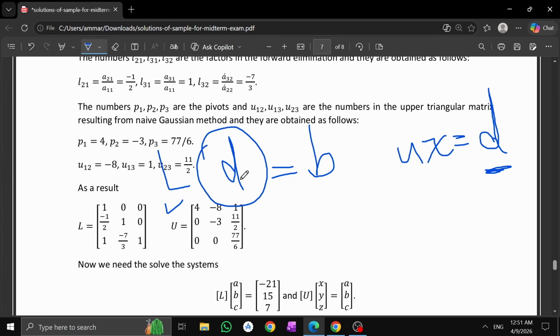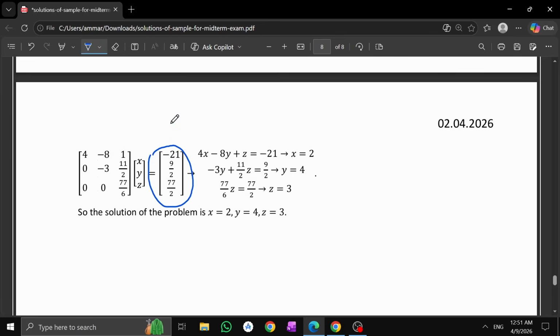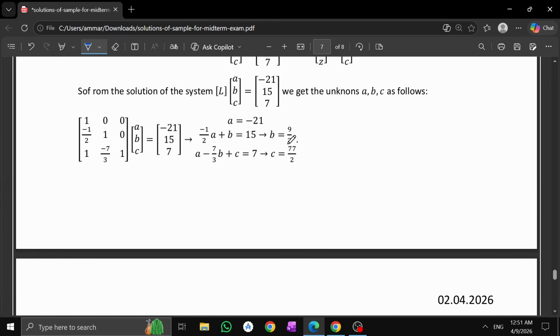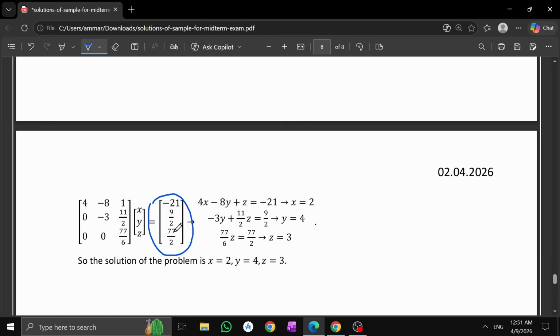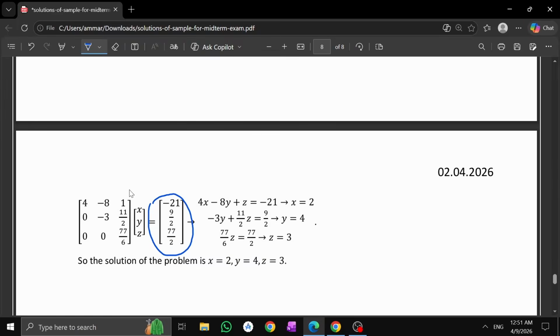You found the D. Now you say UX is equal to D. U, which is this upper one, times X, which is what you're trying to find, is equal to D, the values that we found: minus 21, 2 over 2, 77 over 2. You do the same thing, but this time it's not forward, it's backward, because it's from the bottom.